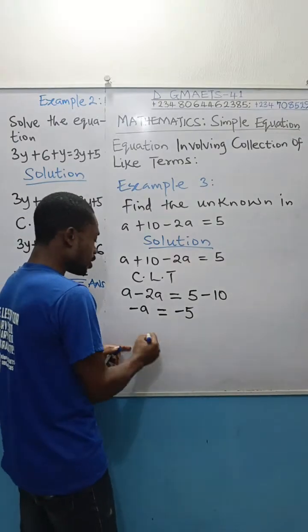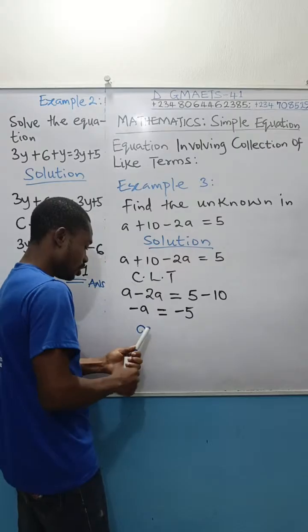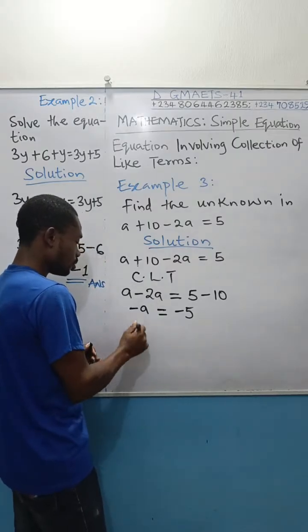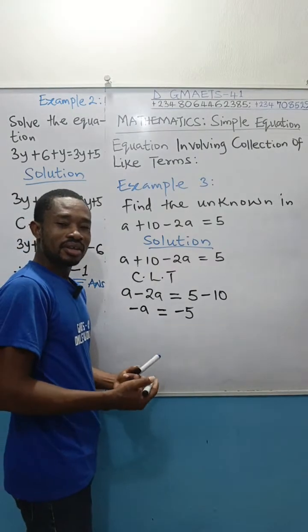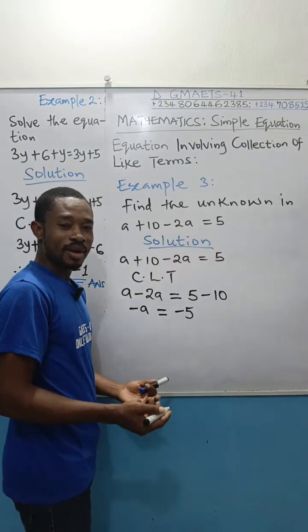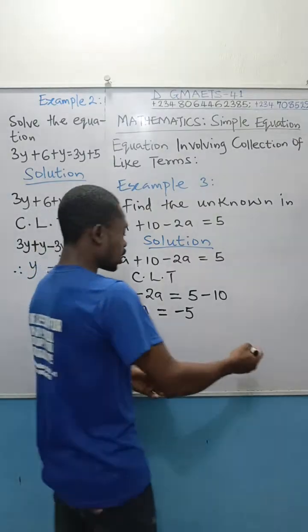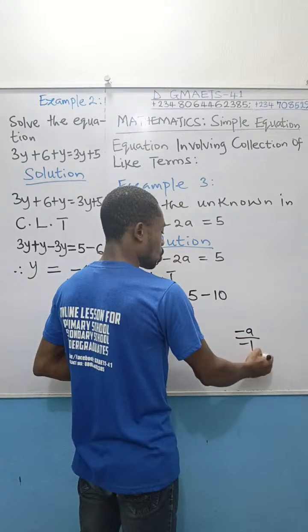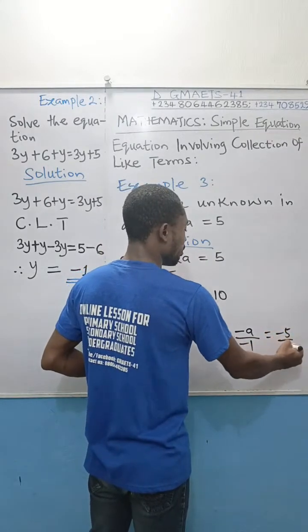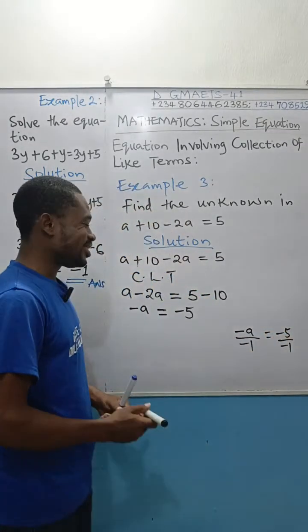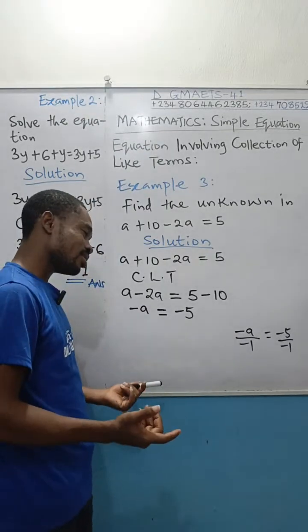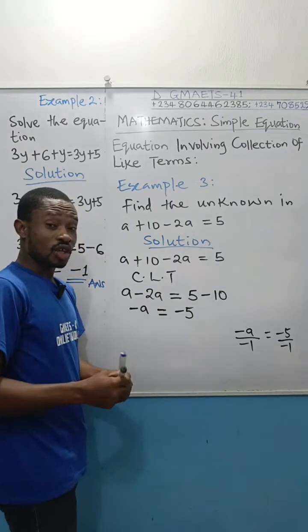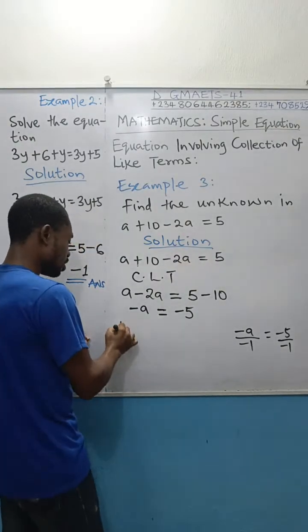If it meets this minus, you now have a equal to, or should I just say divide both sides or multiply both sides by minus 1? If I talk about divide both sides by minus 1, you have minus a all over minus 1 equal to minus 5 all over minus 1. But I don't want to do this yet because, or should I do it? I've taught you division, so I can do it.